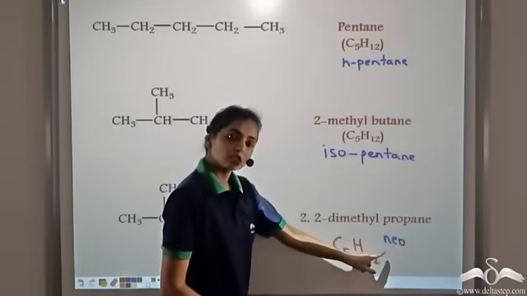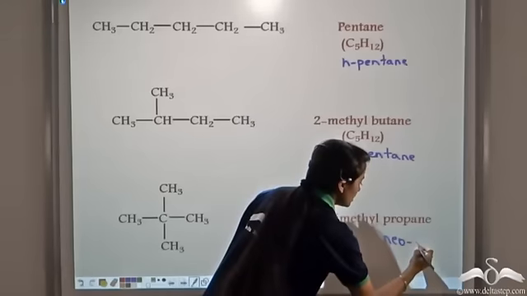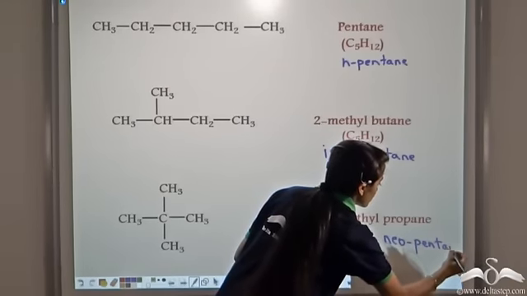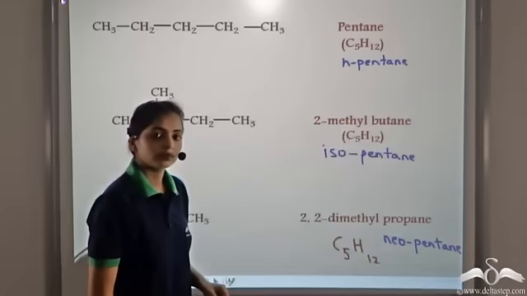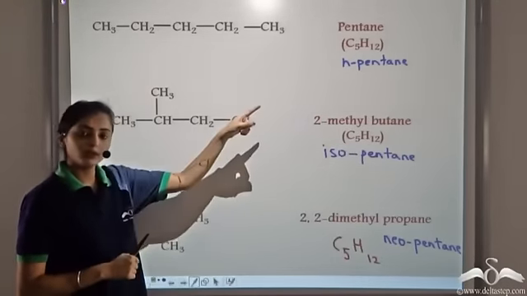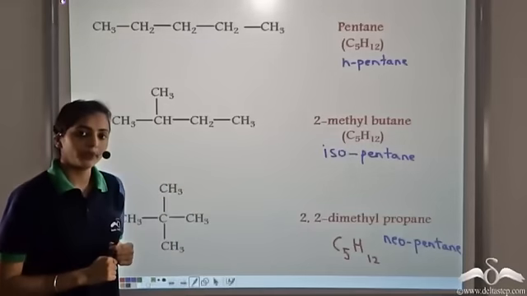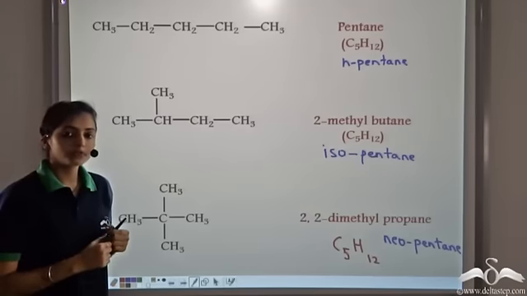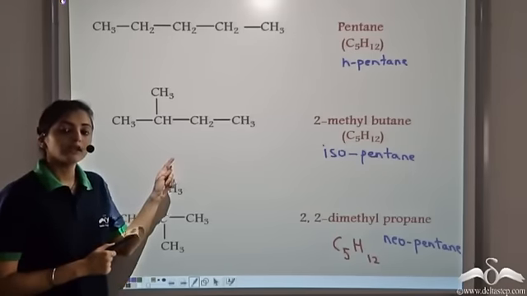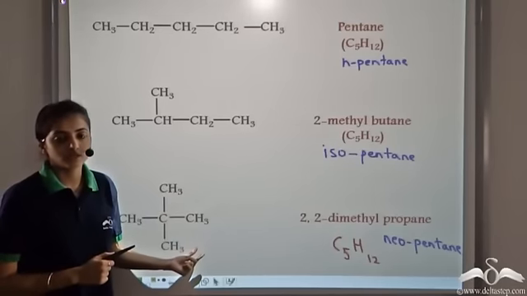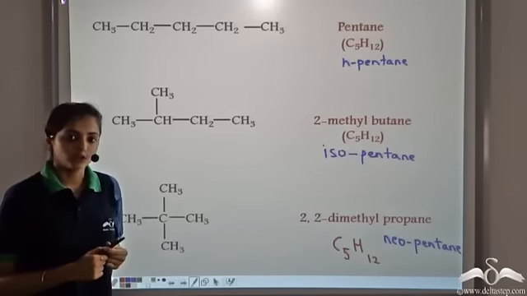Since it is an isomer of pentane, this is known as neopentane. So these are the three isomers of pentane: normal pentane, isopentane and neopentane. What do you observe in these three? Again, you observe that there is a difference in the arrangement of the carbon atoms in the straight and branch chains. So these are chain isomers.